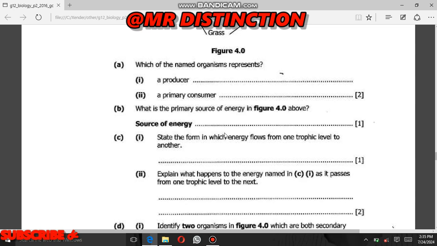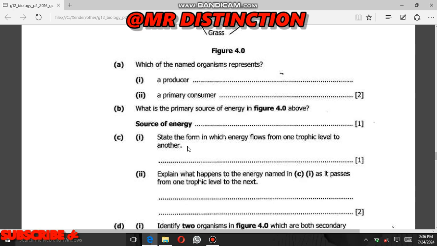Okay, let's go to question C. State the form in which energy flows from one organism or from one trophic level to another. You have already answered this question. The form of energy in which energy flows from one trophic level or from one organism to another organism is chemical energy.